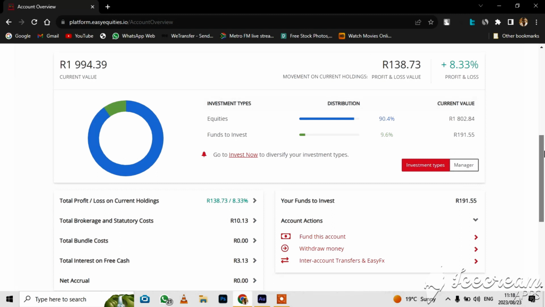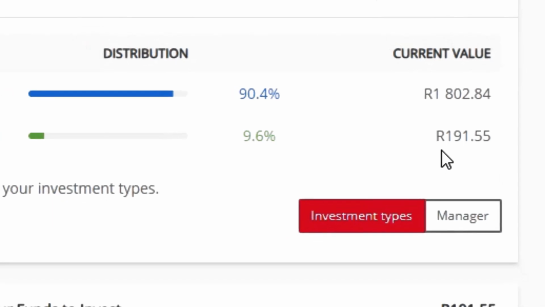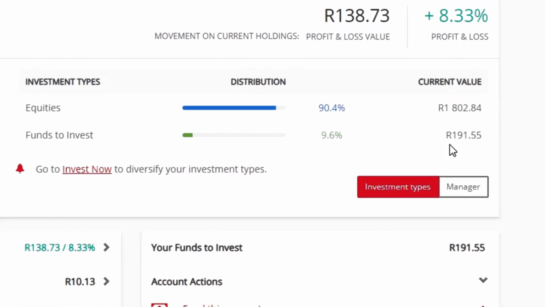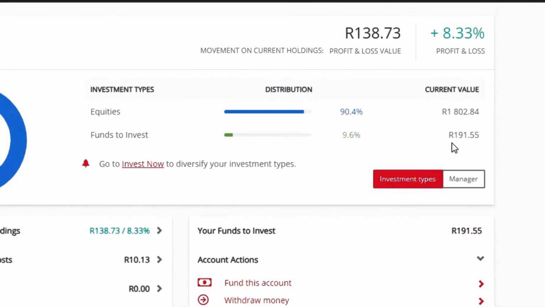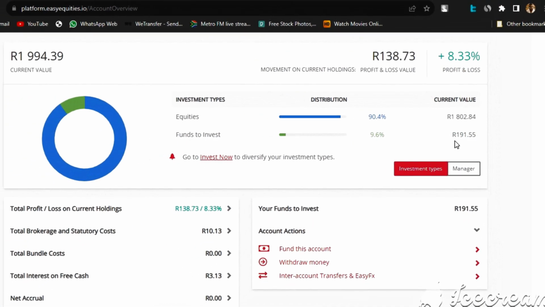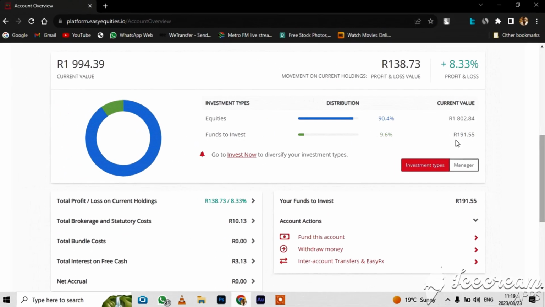The fund I have to invest today is 191 rand 55 cents. I can invest into a lot of companies with that money, but I just want to invest in one company and I want to invest more money than pennies.